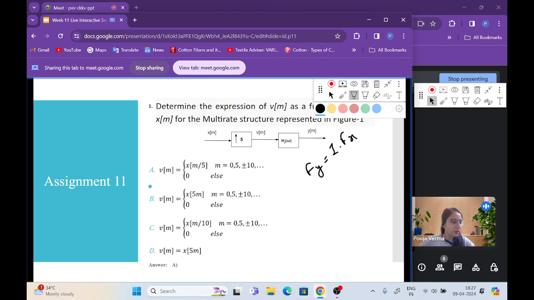For upsampling, which we can obtain by adding I minus 1 zeros in the input sequence x of m. So here I is given as 5, and 5 minus 1 is equal to 4 zeros must be added in the input sequence.